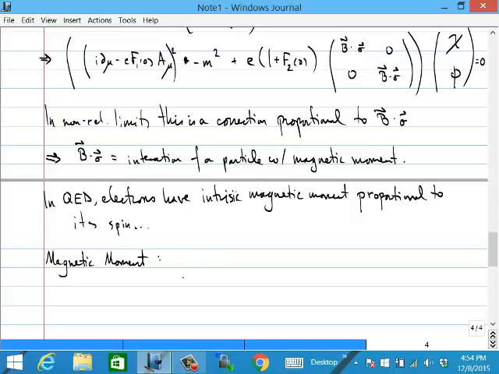Remember the interaction of a particle with a magnetic field due to its magnetic moment is B dotted into the magnetic moment, something like B dot mu. So we usually characterize the magnetic moment, the coefficient of the spin here. We usually pull out a factor of e over 4m. That's just some sort of convention.